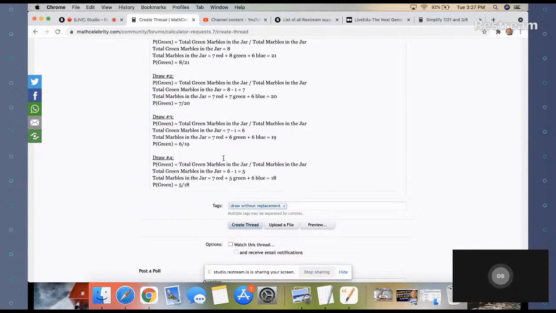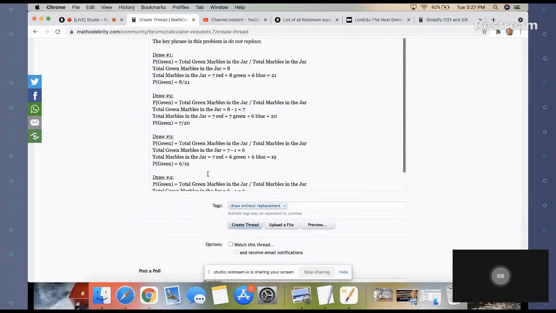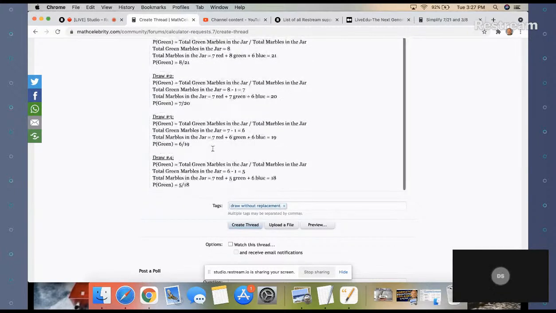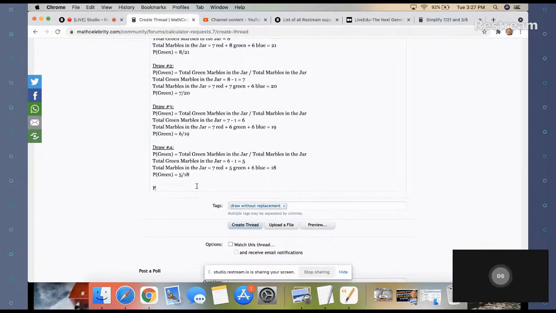We're almost there. So we have our 4 draws without replacement, keyword being without, which was up here, or do not replace. Now we want the probability of green, green, green, green. So you have each probability, but then how do you get to the answer?